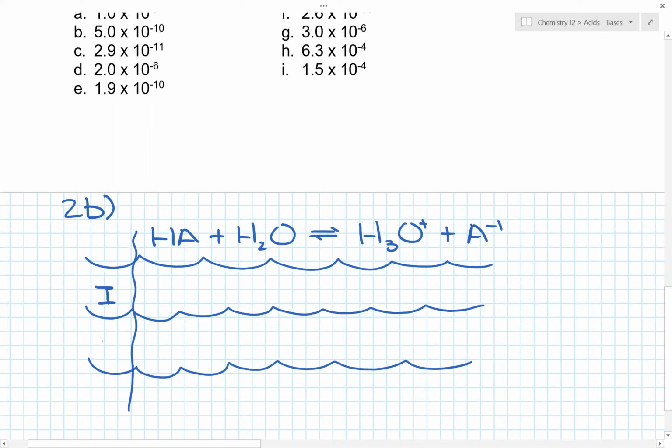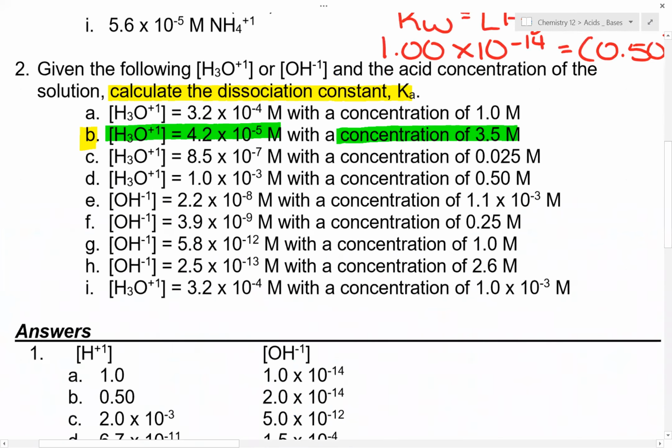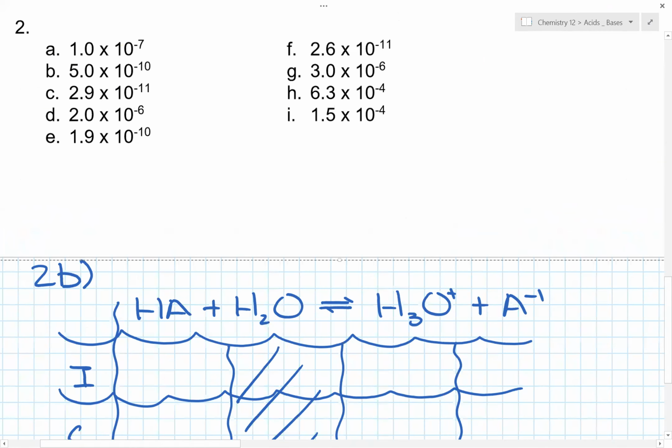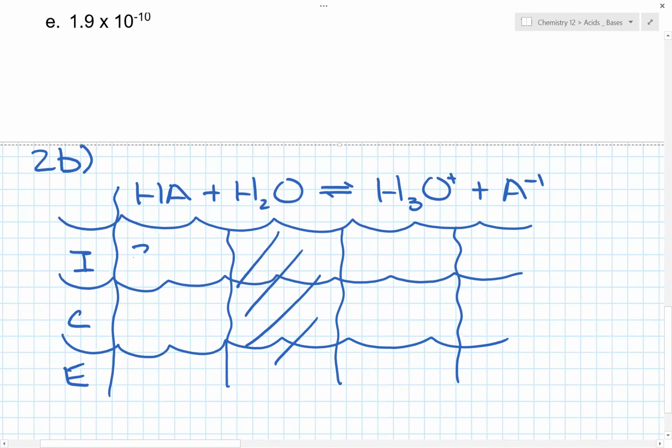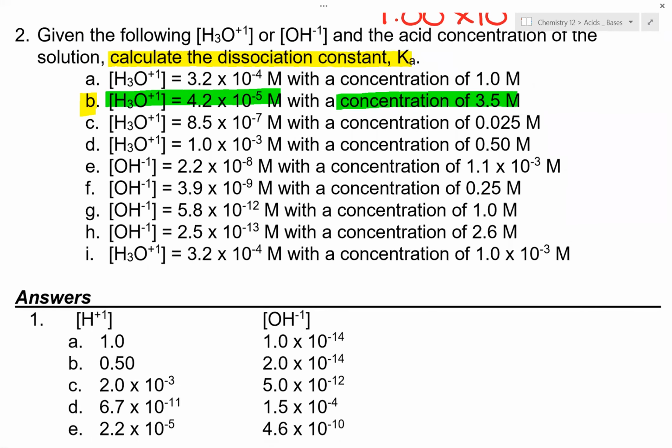Okay. The question is, where do we put in the numbers? Well, they gave you the concentration of 3.5. So that is the acid concentration. So here we start off with 3.5. Now, Mr. Chan, where do you put this 4.2 times 10 to the negative 5?